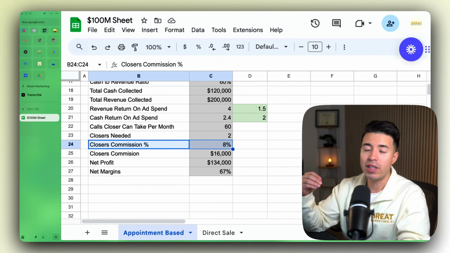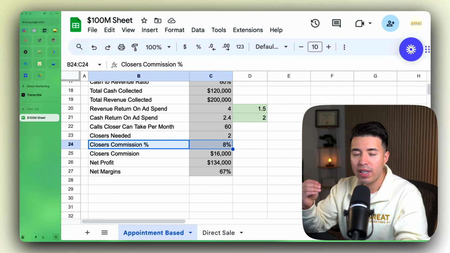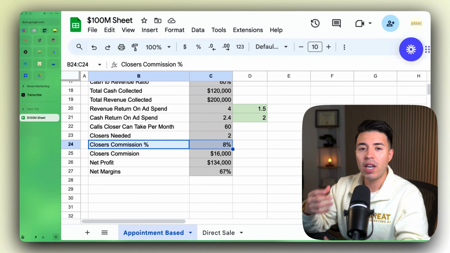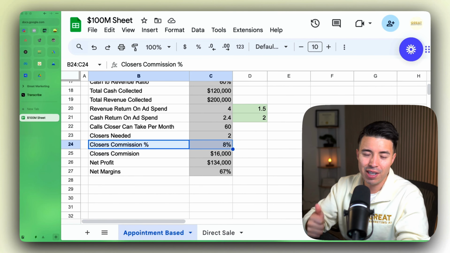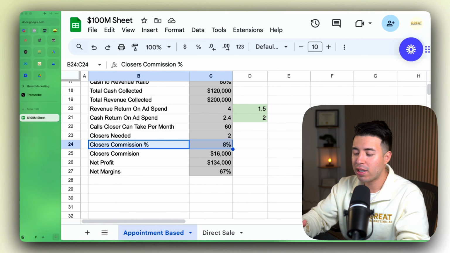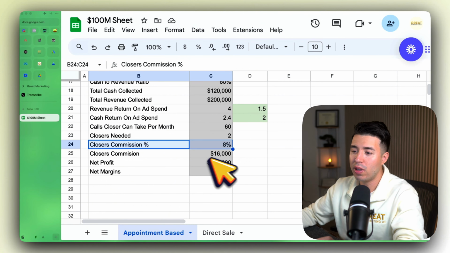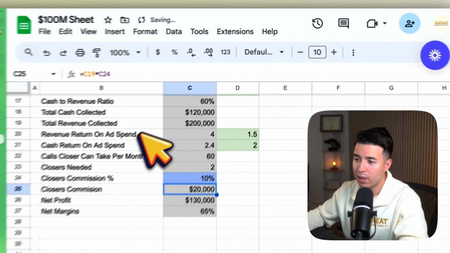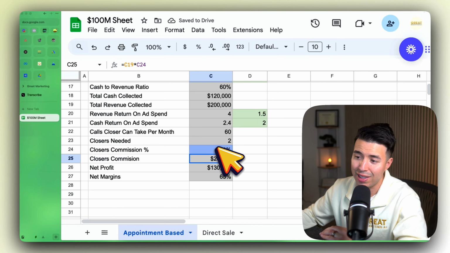And then from here, what's really cool about this sheet is a lot of people fail to realize that they also have to take into account what is our sales rep getting paid for all of these deals, right? If you have a terrible commission structure, not only are your sales reps not going to be motivated, but you won't be able to actually calculate your margins and your profit at the end of the month. So in this example, the closer's commission is 8%. Let's just say the commission is actually 10%.